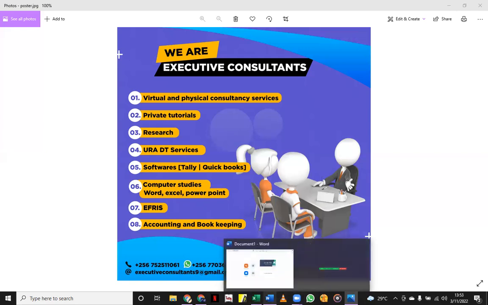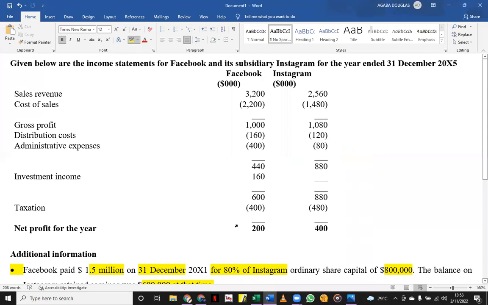So I'm going to open our question, and we can see that they have given us Facebook and Instagram. By now we know that Facebook is the parent and Instagram is the subsidiary, and they are telling us that for the year ended 31st December 20X1 we have the two financial statements.